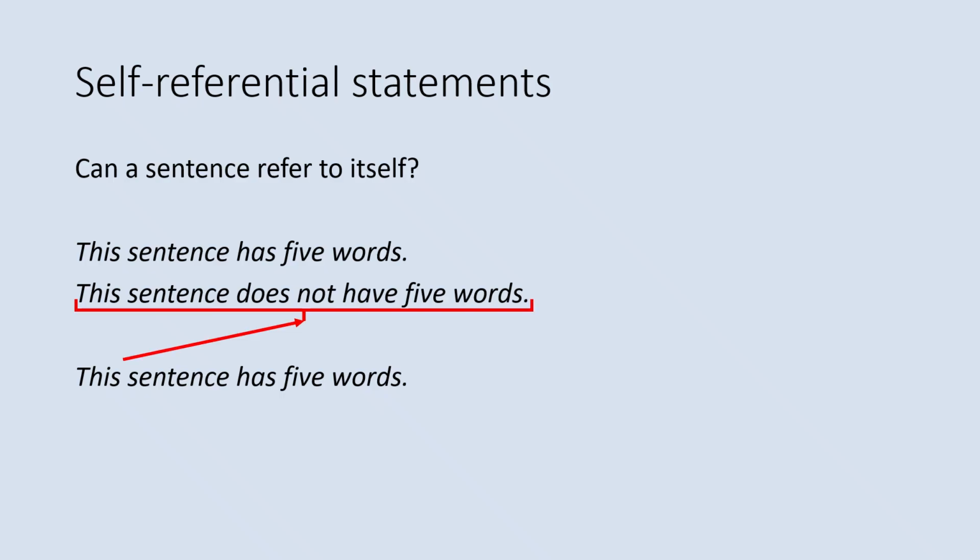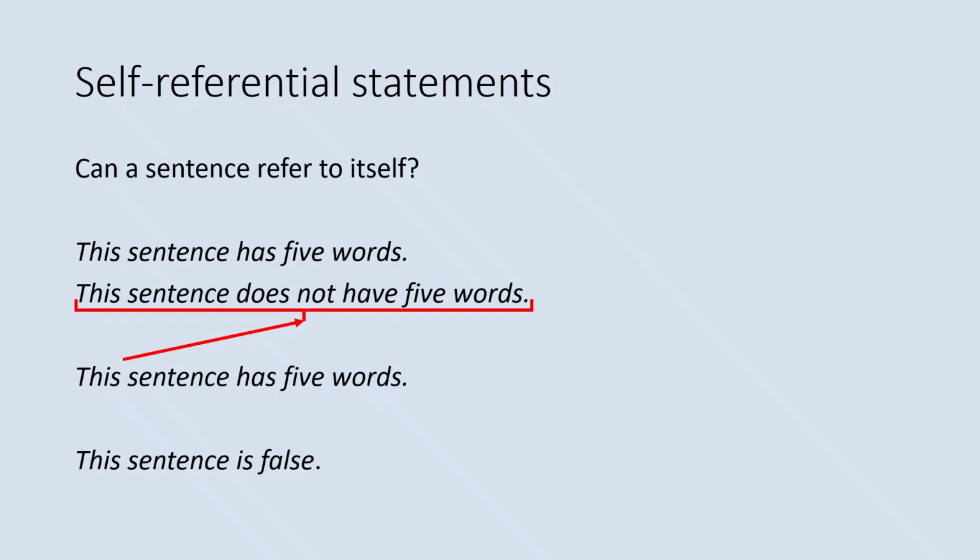For example, what if "this sentence" is referring to the previous sentence? So "this sentence" can refer to the thing I'm pointing at, or it can refer to myself, and so there can be some differences with self-referential statements or statements that refer to other statements.